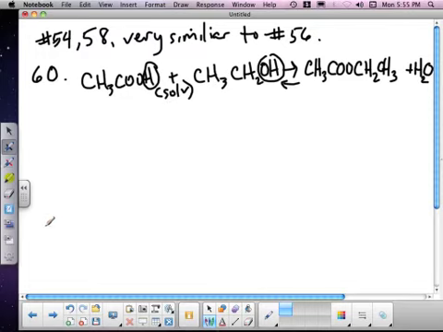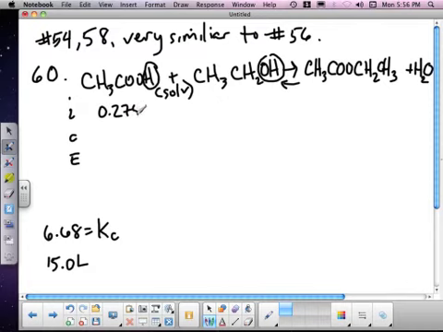A pharmaceutical chemist makes up 15 liters of a solution that is initially, so we get to do our ice table, 0.275 molar in acetic acid, and 3.85 molar in ethanol. And you have no products to begin with.